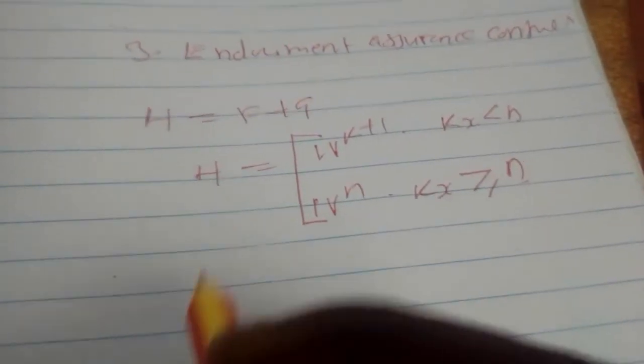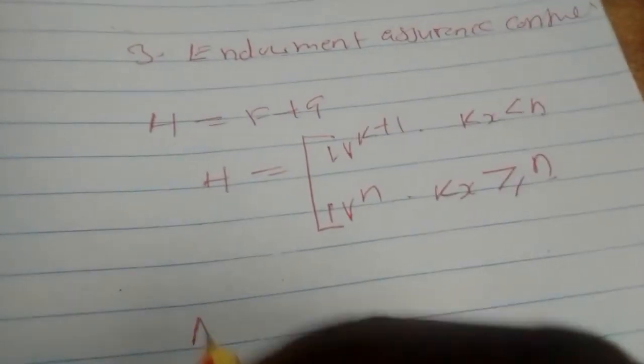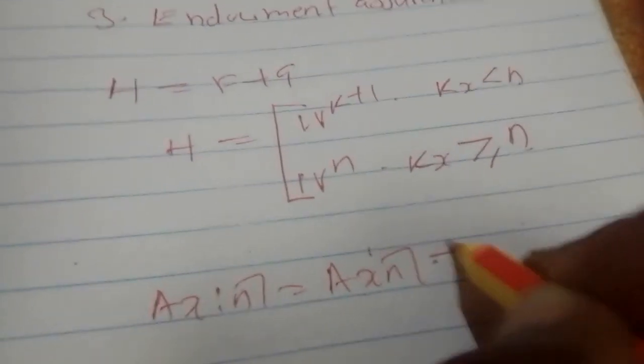So the formula for finding the endowment assurance contract is Ax, which is equal to the one for dying, the term, plus pure.